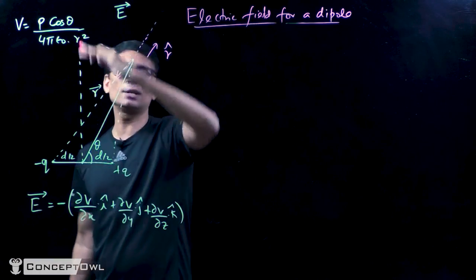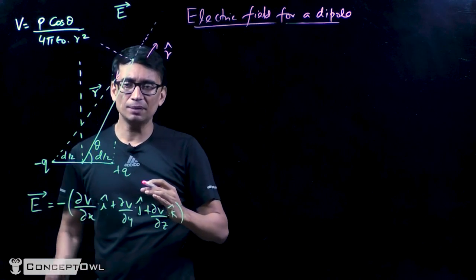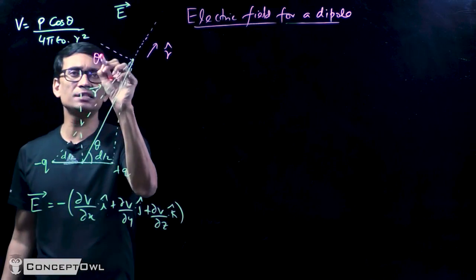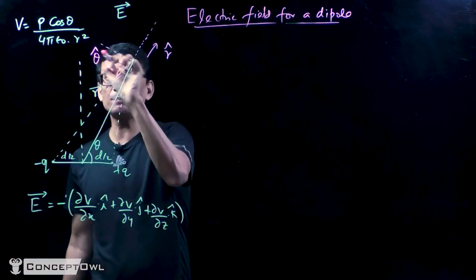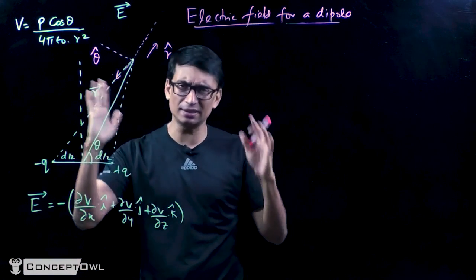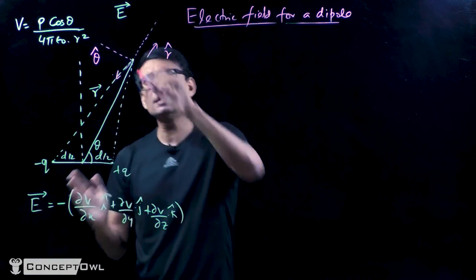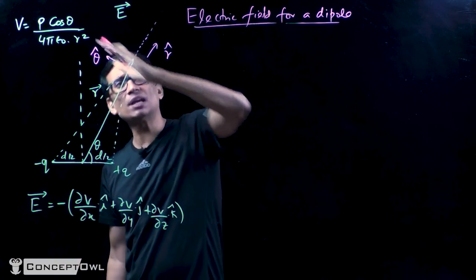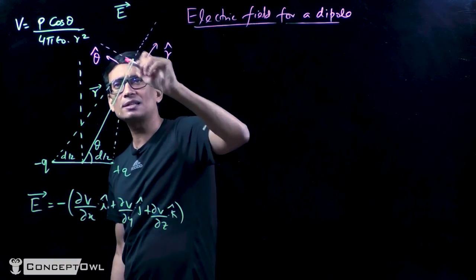Perpendicular to that, I'm going to define another unit vector which I'm going to call theta cap. By the way, theta cap is not an angle, it's a unit vector, just a name. I could have called it anything else. It is a vector of magnitude 1 along this line perpendicular to the position vector line.